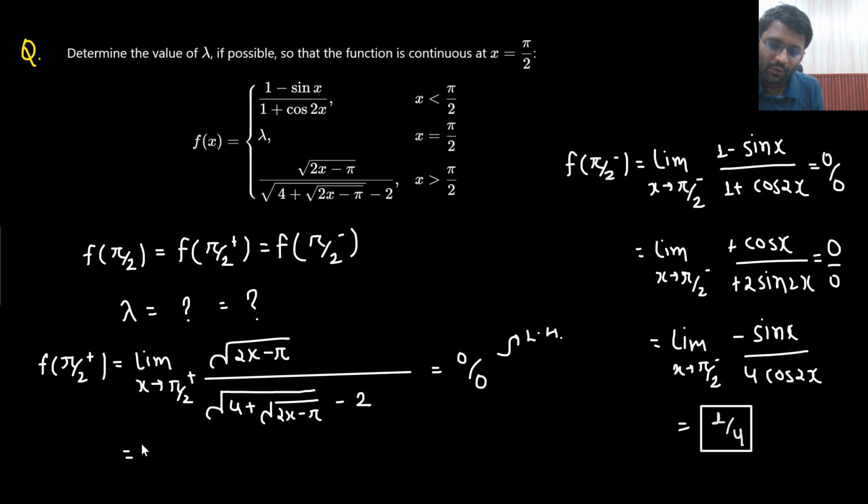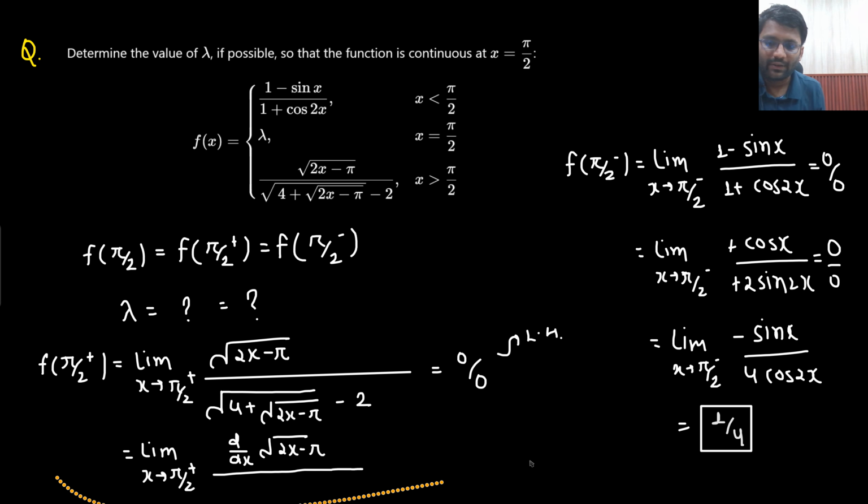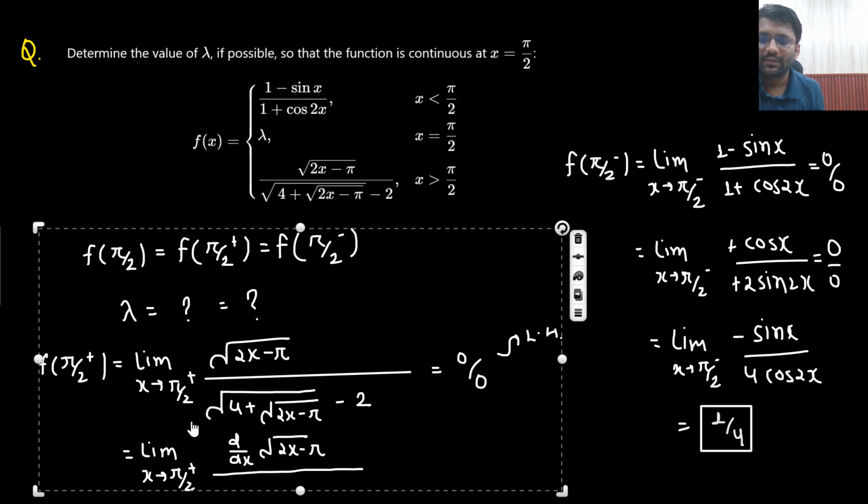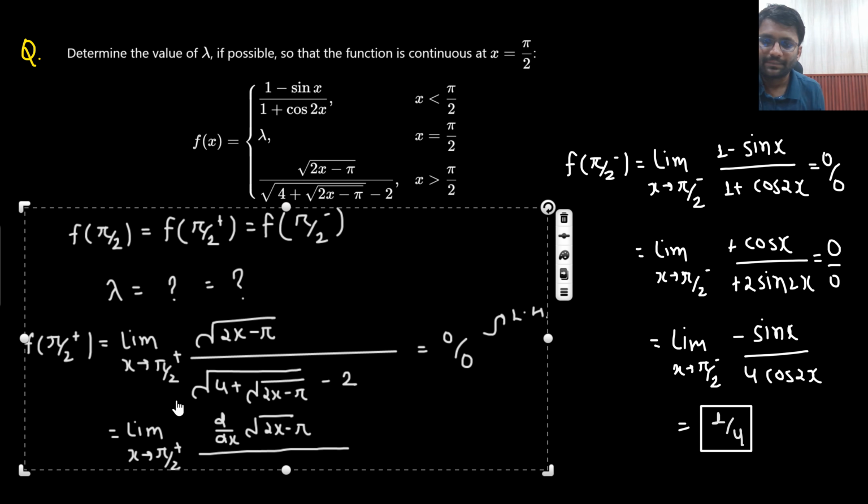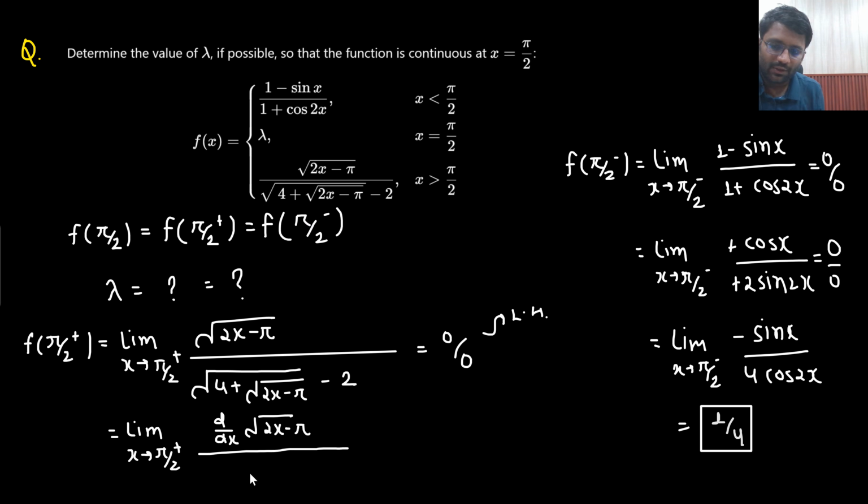Limit x tending to pi by 2 plus, on the upper side I will differentiate d by dx under root 2x minus pi. On the downward side also I will have to differentiate this much part.